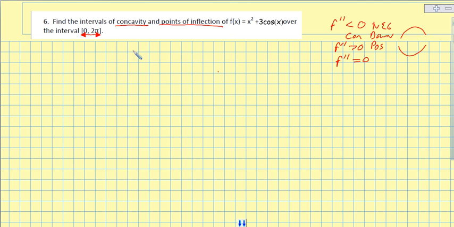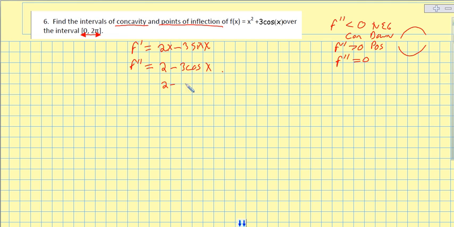So let's go ahead and take the derivatives. We have the first derivative, 2x minus 3 sine of x, and the second derivative would equal 2 minus 3 cosine of x. And we're going to go ahead and set that equal to 0.